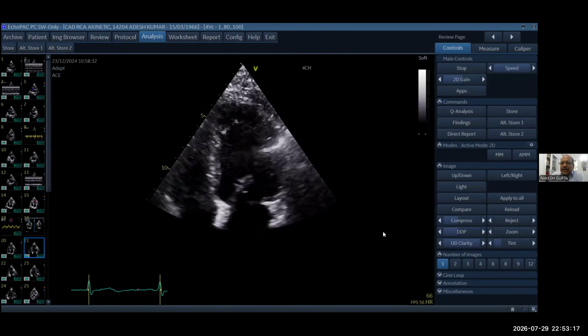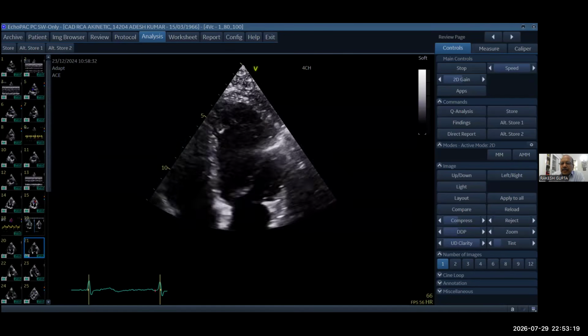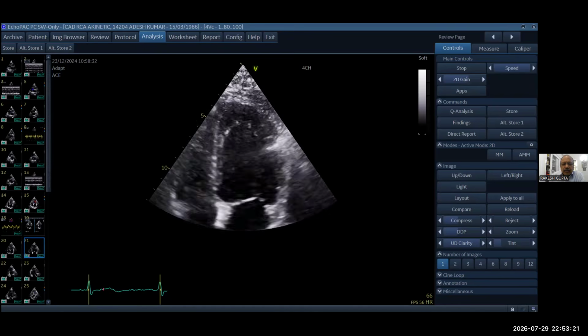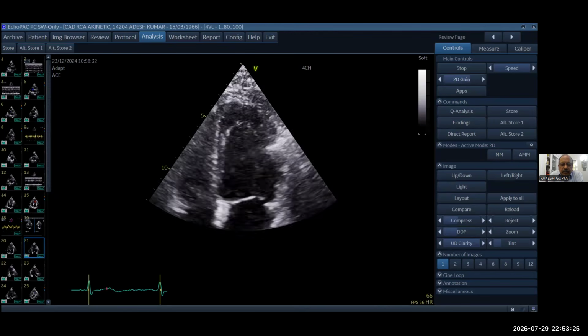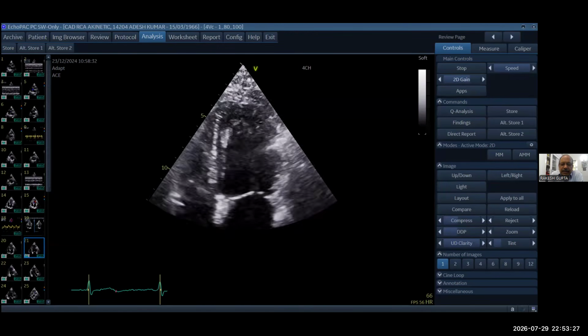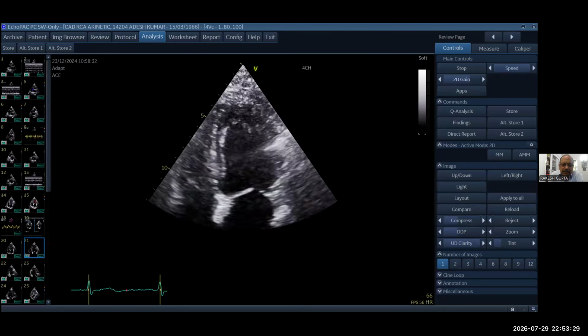I can increase the gain now. Raise your hand if you can identify the wall motions.